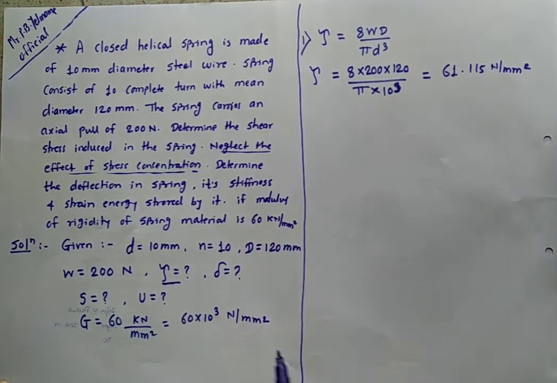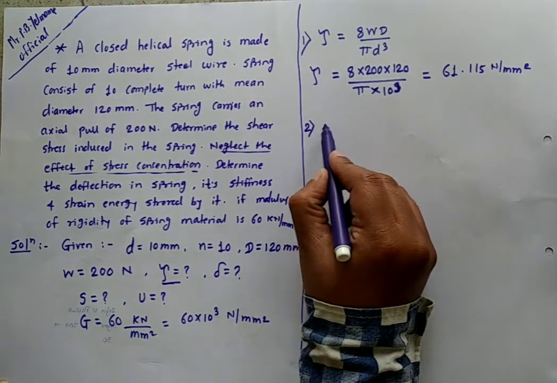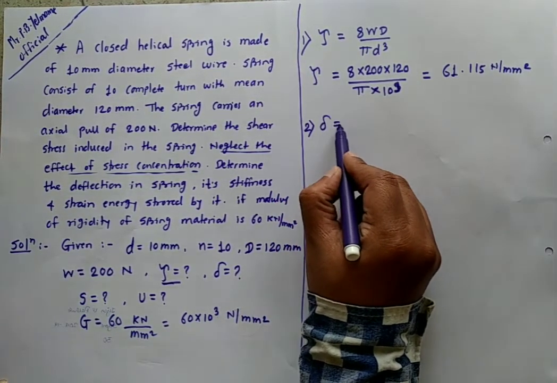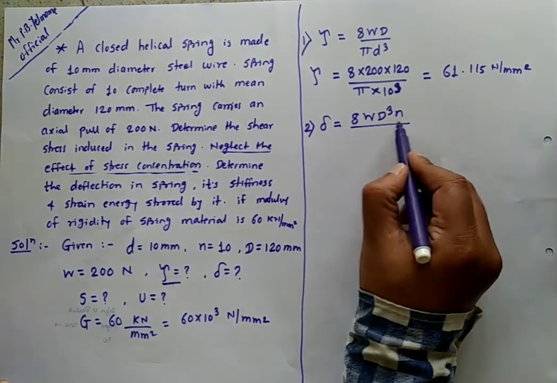Then after that we calculate the deflection. We know that the formula of deflection, delta, is equal to 8WD cube N upon G d raised to 4.